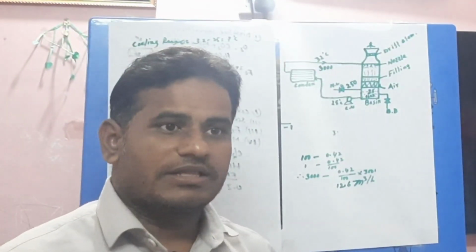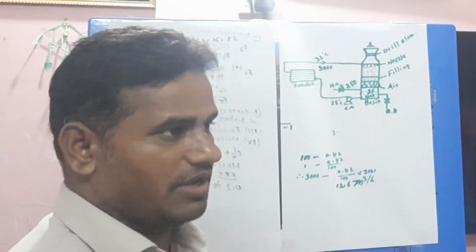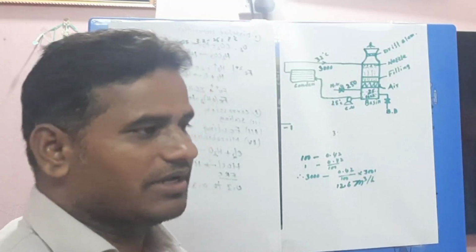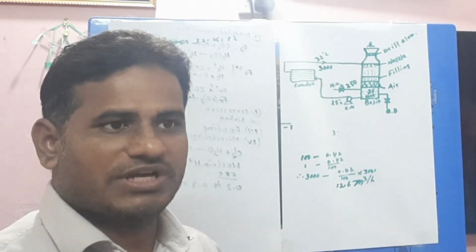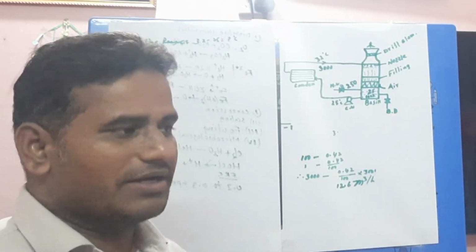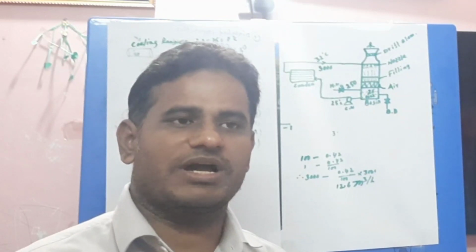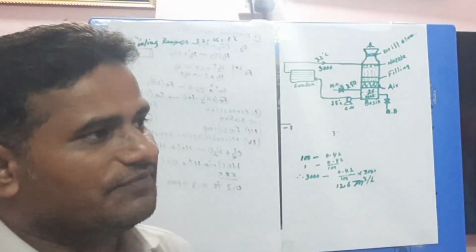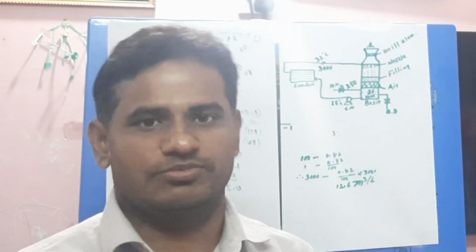Because the cooling water temperature depends on air humidity, air moisture. If there is less moisture in the air, that time the air will take more moisture from the water and this water temperature will come down by sensible heat. Because if air temperature is 40 degrees, there is humidity present in the air.